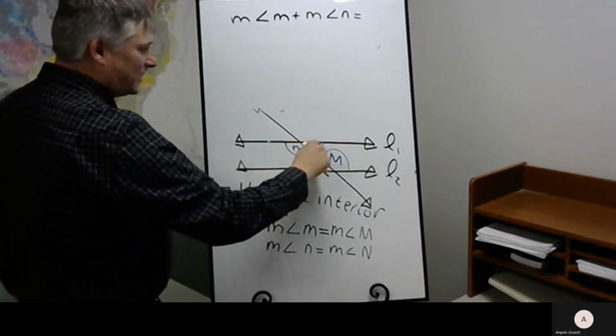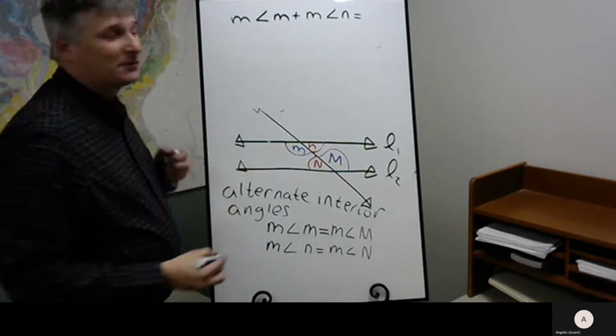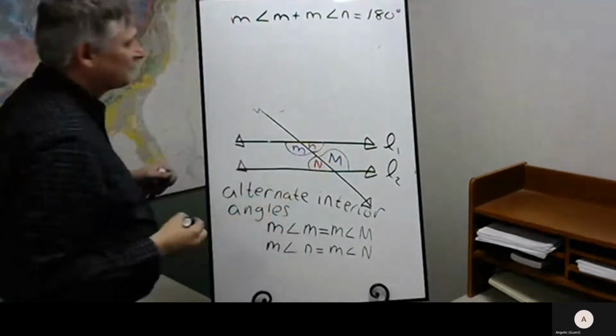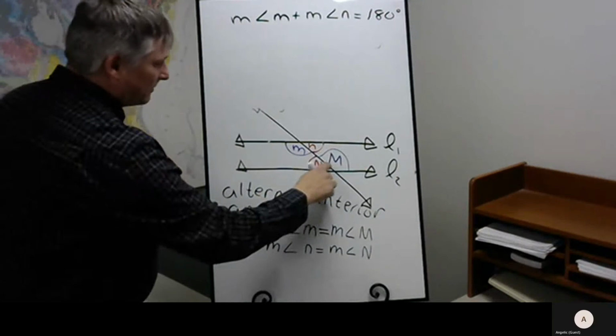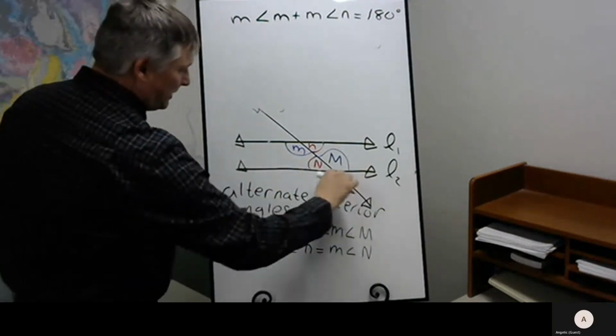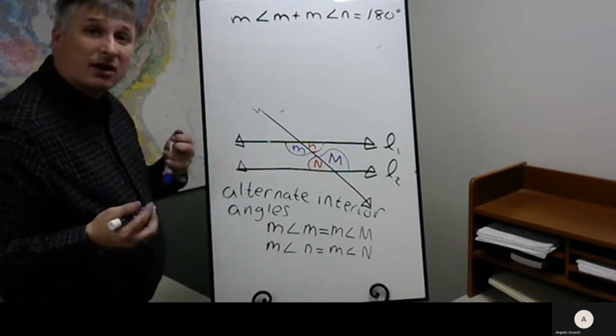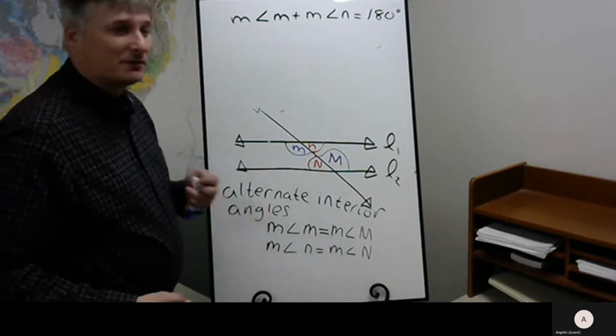So this angle and this angle add up to 180 degrees. The same thing down here. This is a straight angle. So these two are supplementary. They also add up to 180 degrees.